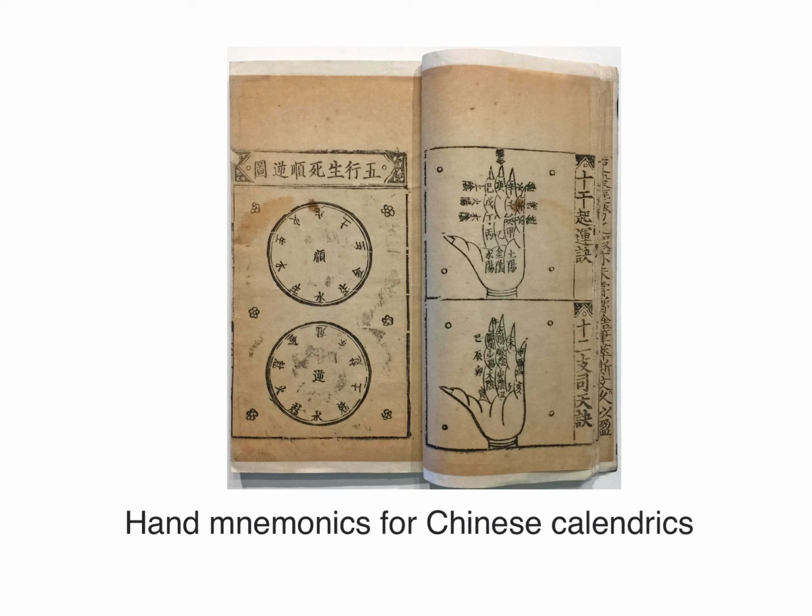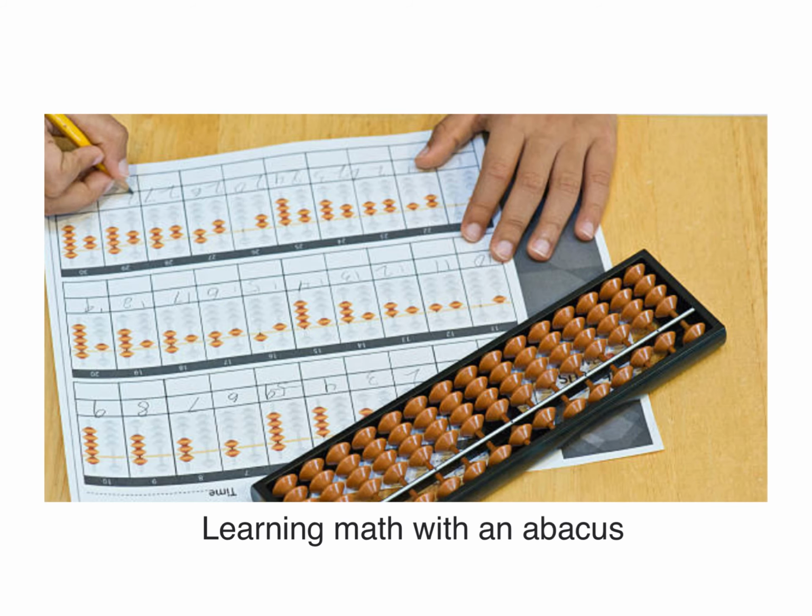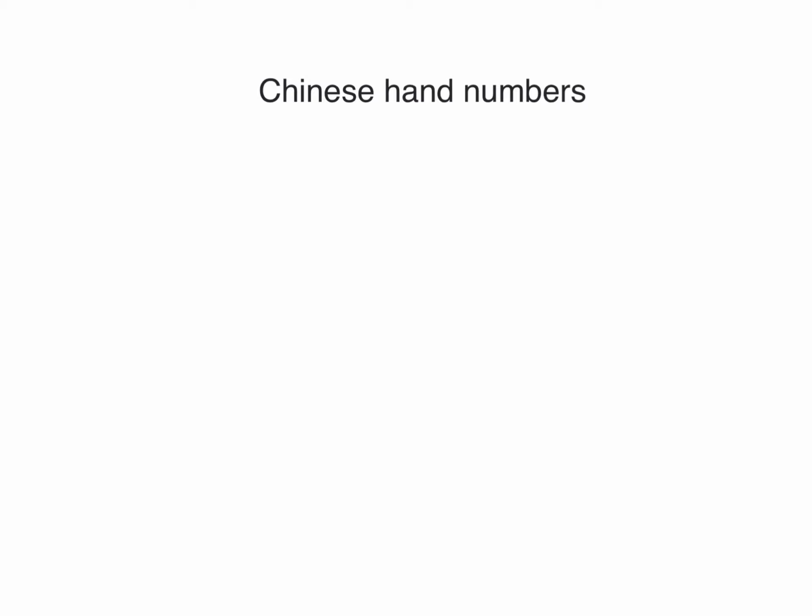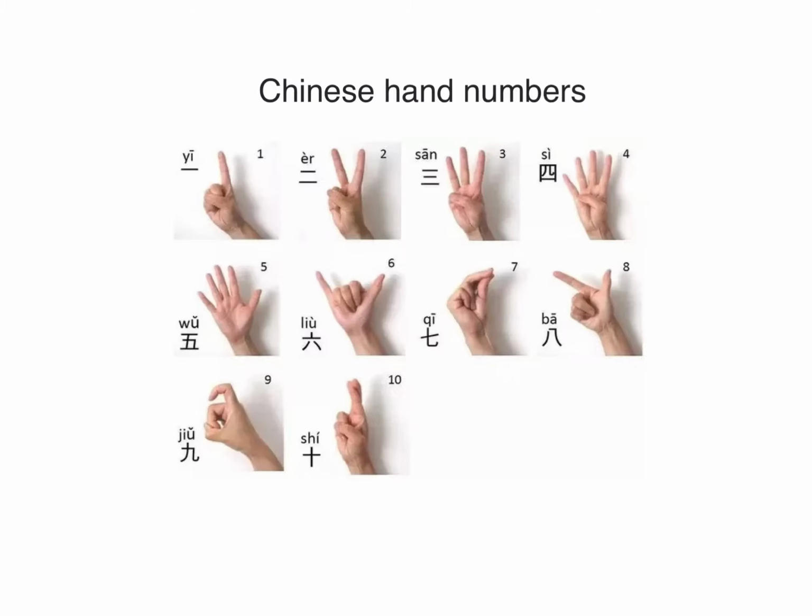And I also recently have been teaching my daughters how to use an abacus. And these two things together actually brought about a very interesting answer to the question of the 10,000 things. So, Chinese hand numbers, some people might be familiar with them.